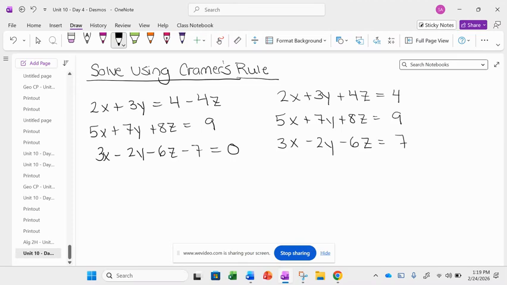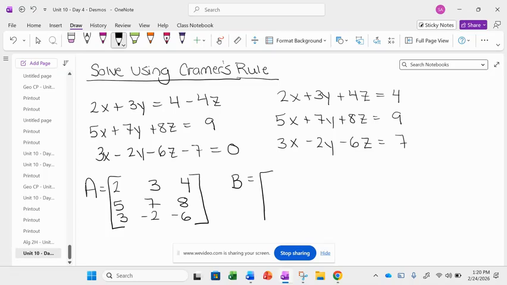So now I need all my different matrices that I'm going to need to find determinants of. Who remembers what my first matrix is going to be? Good, the coefficient matrix. So I have 2, 3, 4, 5, 7, 8, 3, -2, -6.